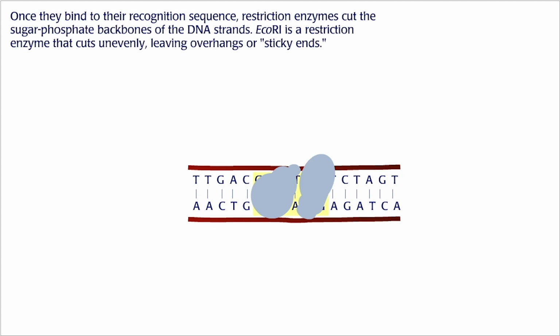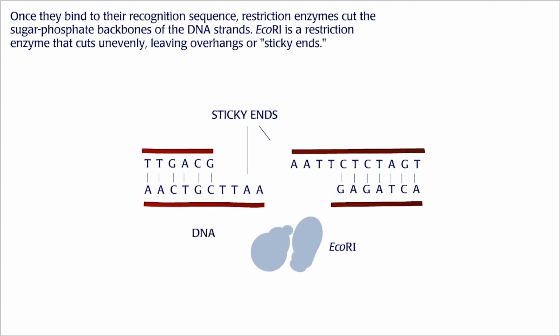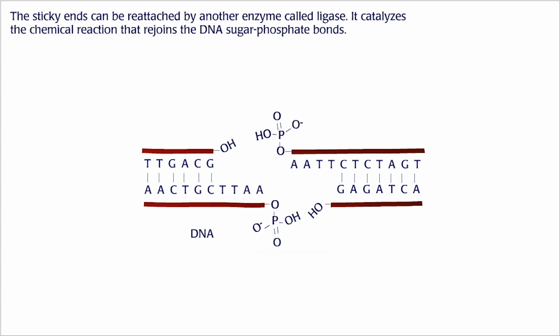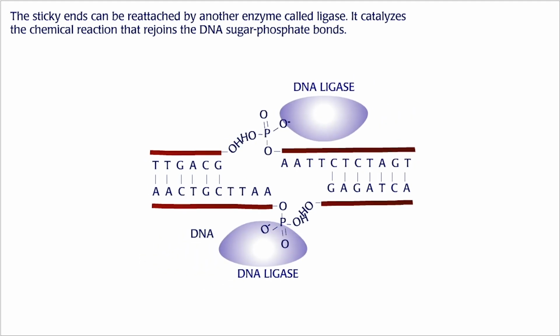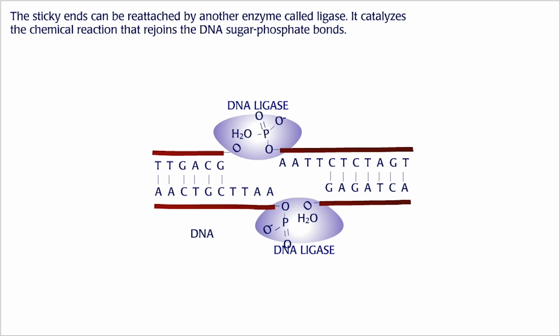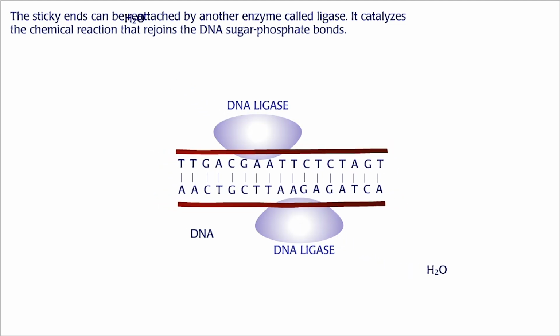Once they bind to their recognition sequence, restriction enzymes cut the sugar phosphate backbones of the DNA strands. EcoR1 is a restriction enzyme that cuts unevenly, leaving overhangs or sticky ends. The sticky ends can be reattached by another enzyme called ligase. It catalyzes the chemical reaction that rejoins the DNA sugar phosphate bonds.